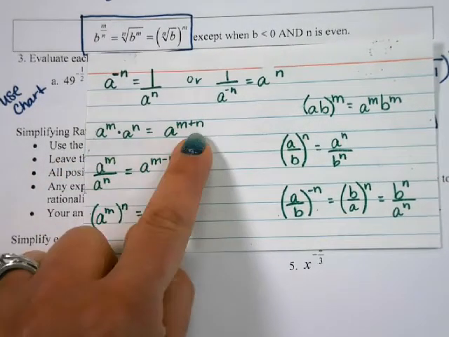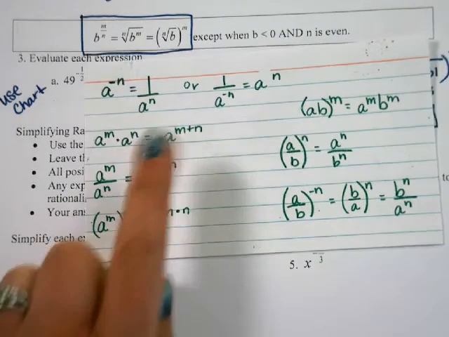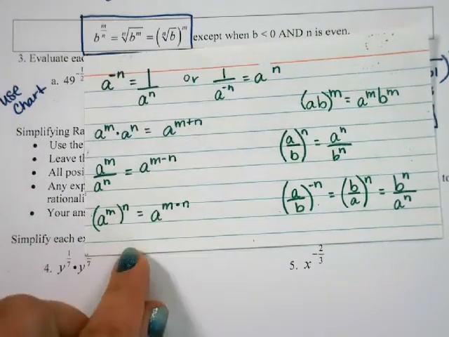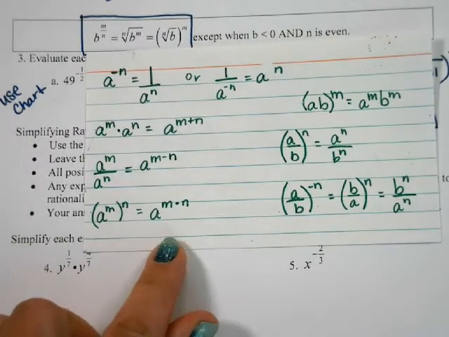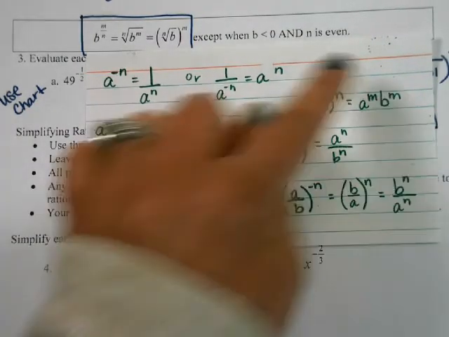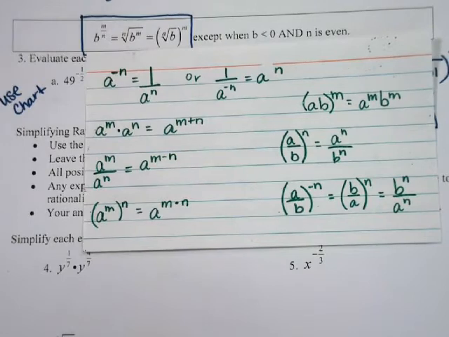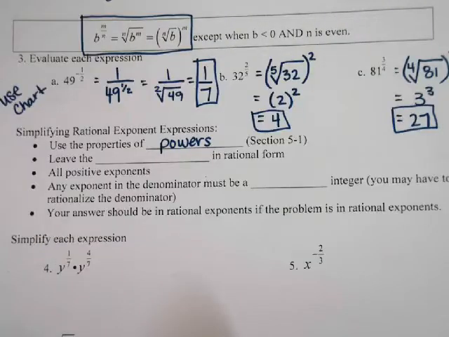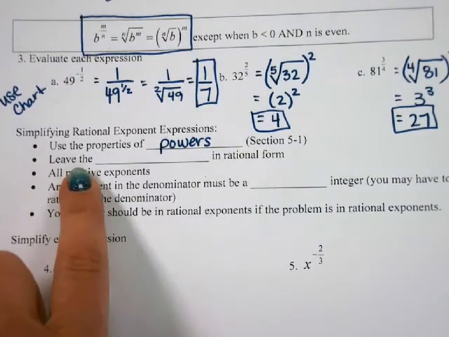When I'm multiplying, I keep my base and add my exponents. When I'm dividing, I keep my base and subtract my exponents. Power to a power, we multiply. Remember those ones? All of those ones? So we're going to be still using all of those rules. We're just going to do it with fraction exponents.